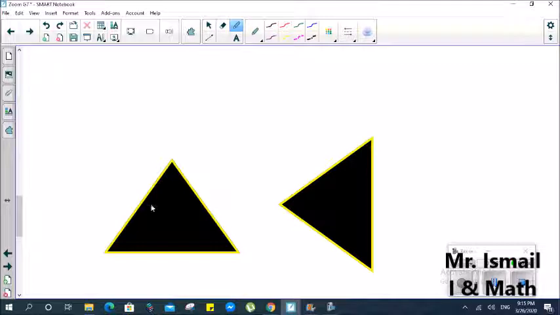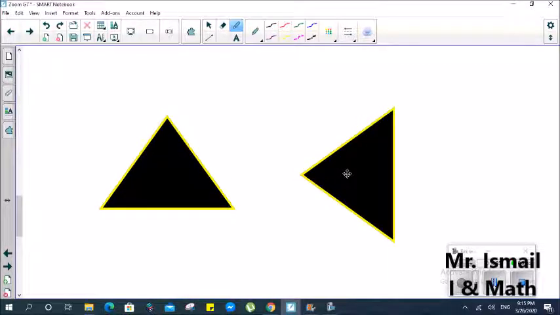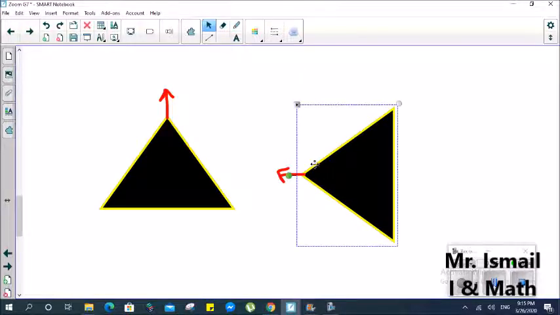Next one, I have here two figures, two triangles. I will draw my arrow, the first one here, and the second one is here. The two arrows are not opposite, so you have here what? Rotation. I will rotate it.